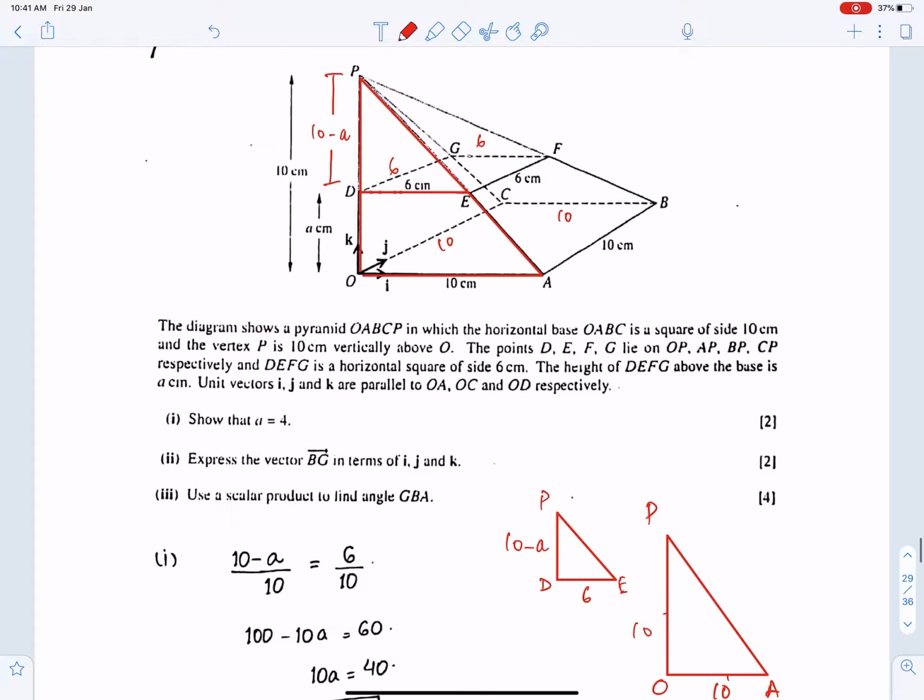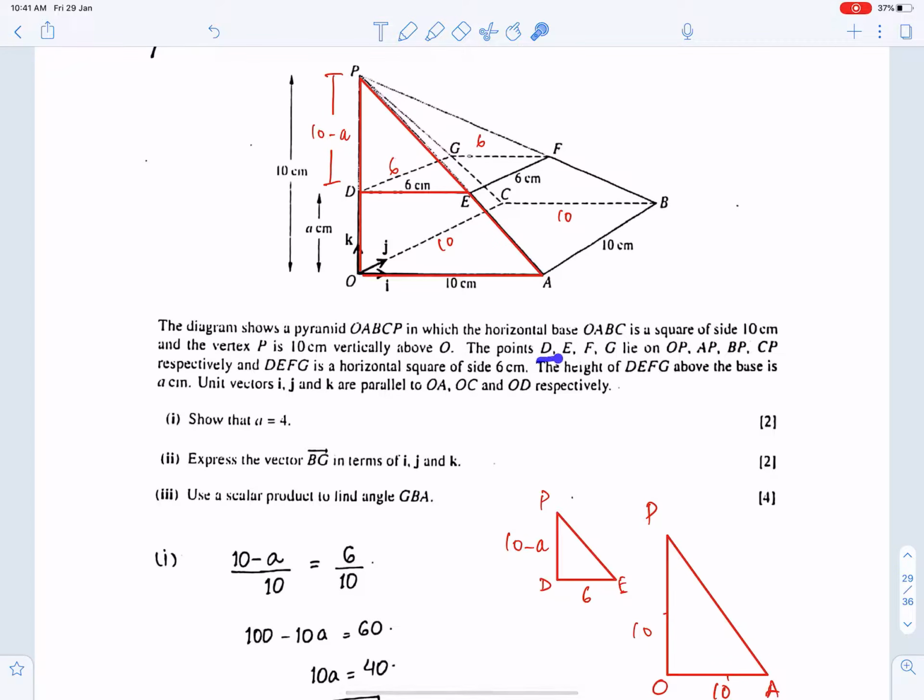Now let me read the question. The diagram shows a pyramid OABCP, the large pyramid. And the base is a square. This square base means this is 10, this is 10, this is 10, and this is also 10. And the vertex P is 10 centimeters vertically above O. This length is 10.